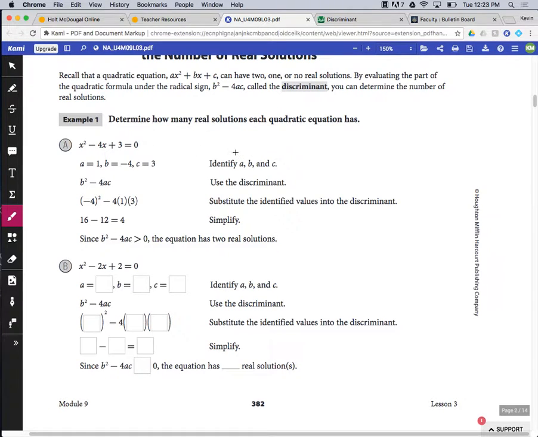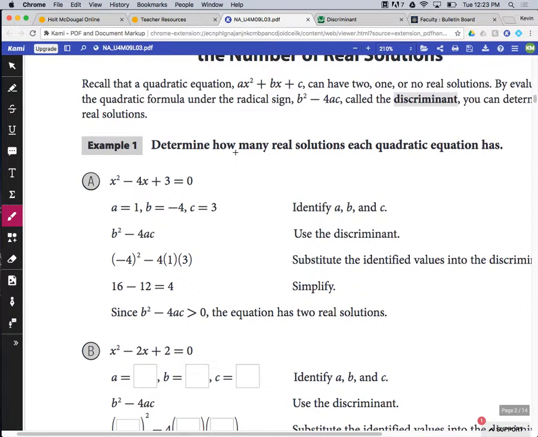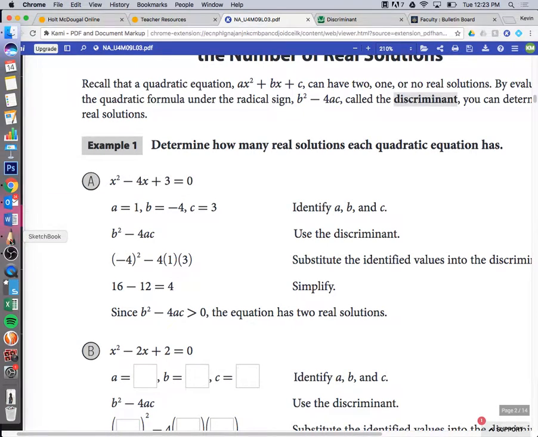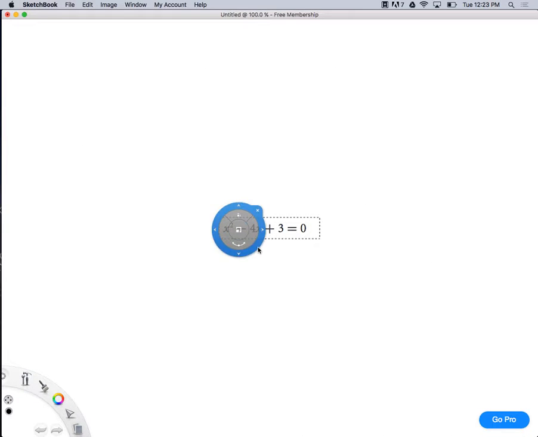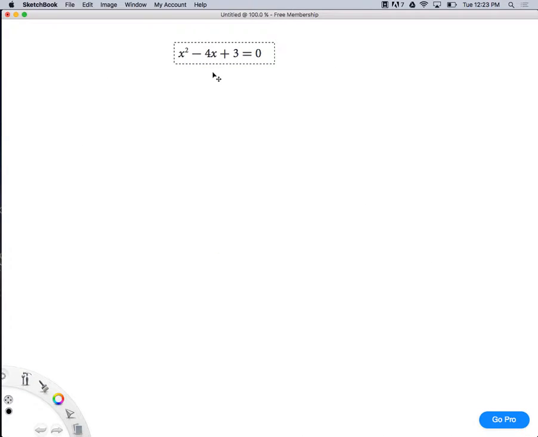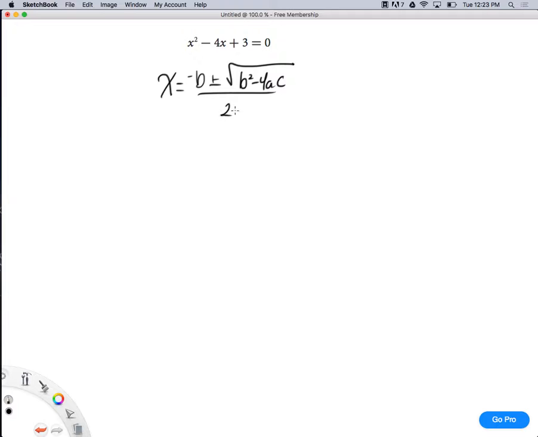Let's go ahead and do that for this one. So this was the example that we used before. You guys remember that? X squared minus 4x plus 3. What's the quadratic formula? X equals negative b plus or minus square root b squared minus 4ac all over 2a.